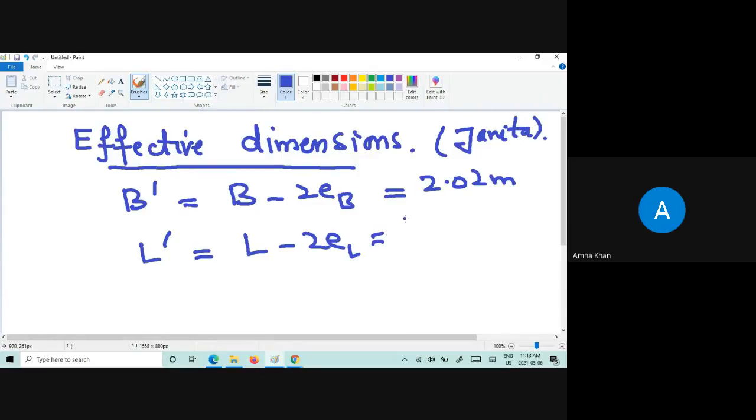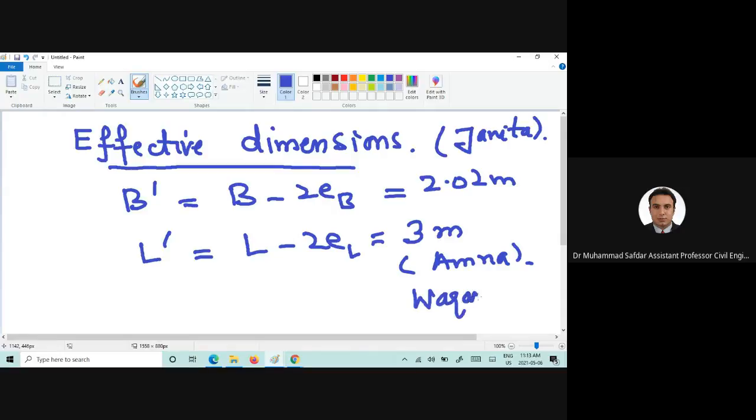3 meter. Okay, 3 meter. And names, please. Amna. Okay. And Ibrar, I guess. Waqar, sir. Waqar. Okay, so these would be our effective dimensions.